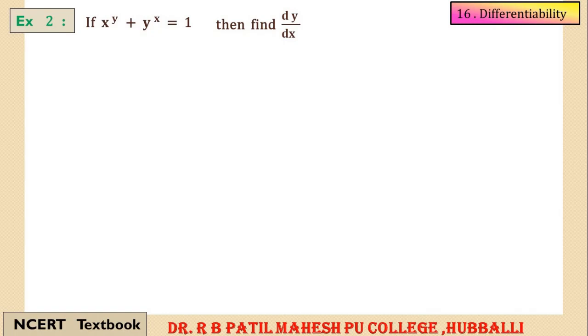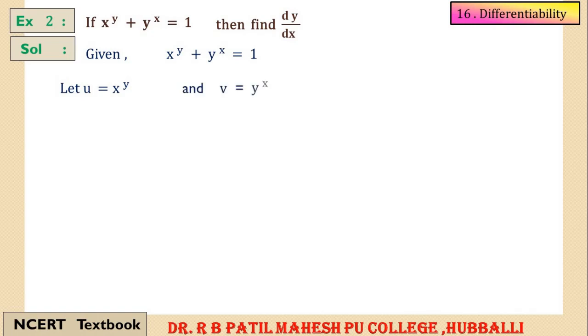You know, in the last video I discussed, if you have an addition, how to find the derivative, that is dy by dx function. So first you write the given function and denote the first function as u, and the second function y raised to x you denote as v, v is equal to y raised to x.